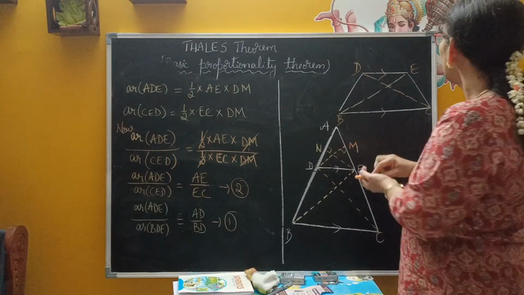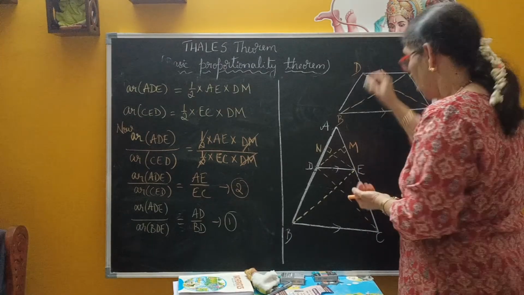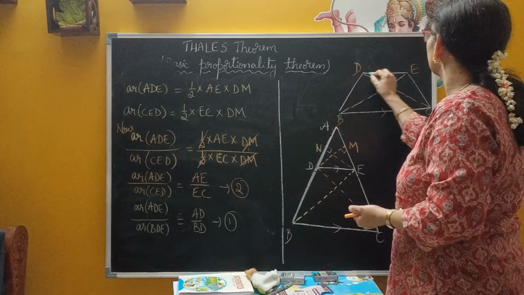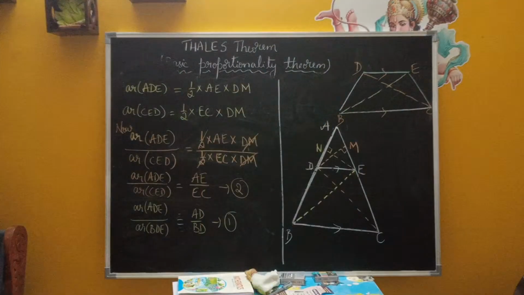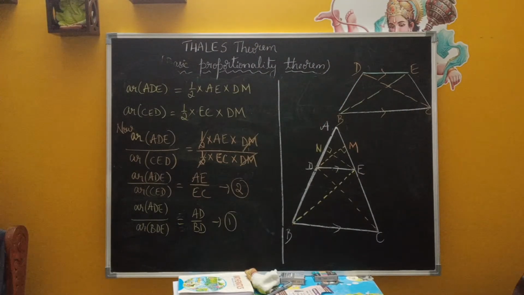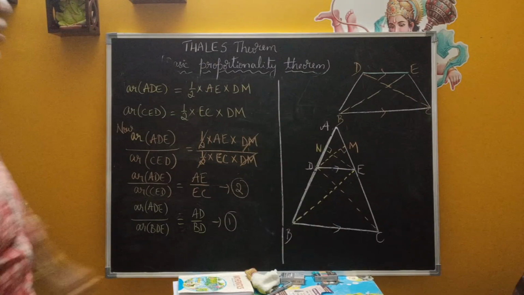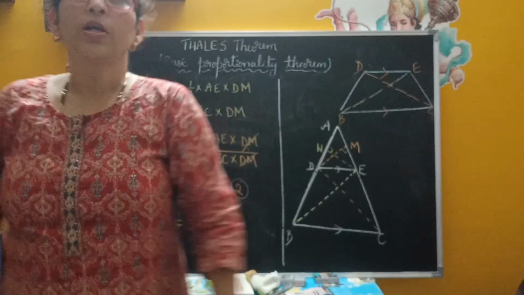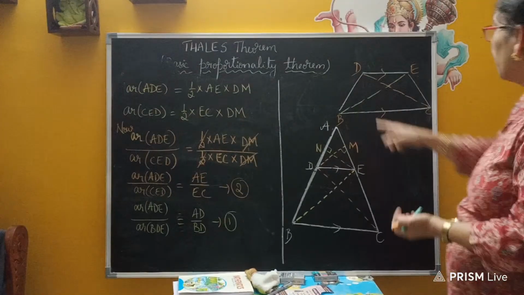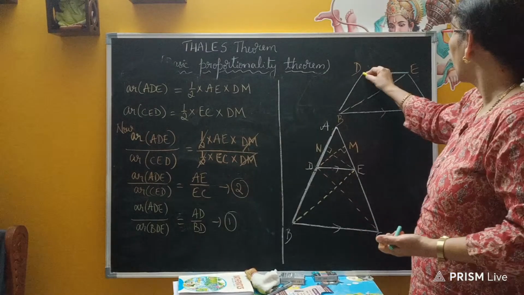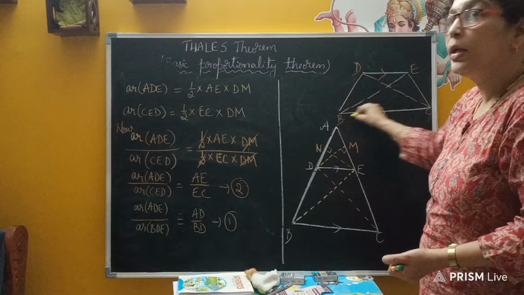Which is the common base? DE is the common base for both the triangles DEB and DEC, and both the triangles are lying between common parallels, that is DE and BC.